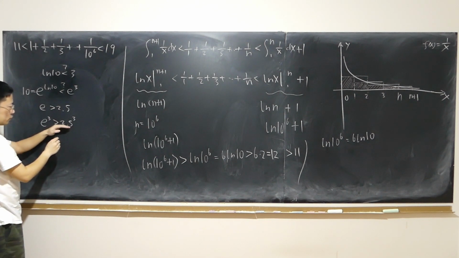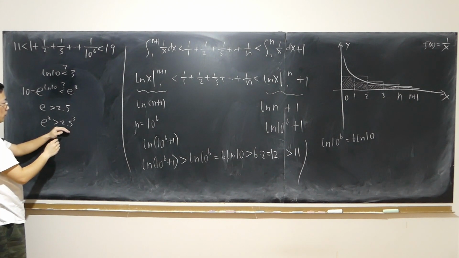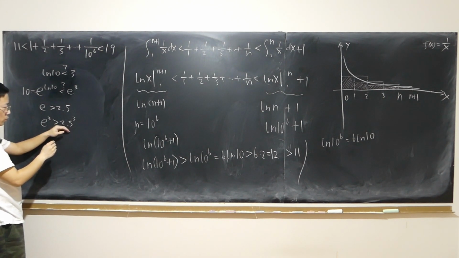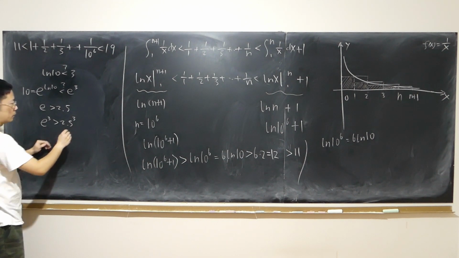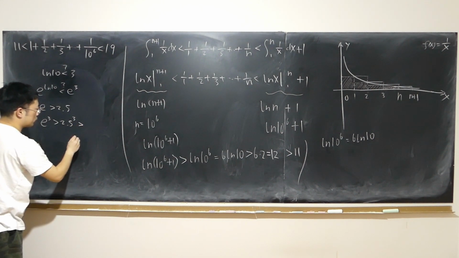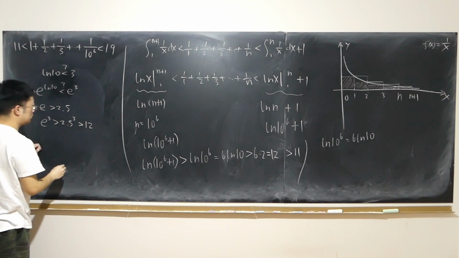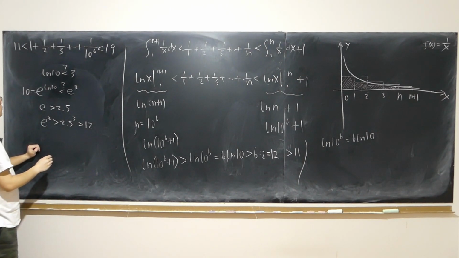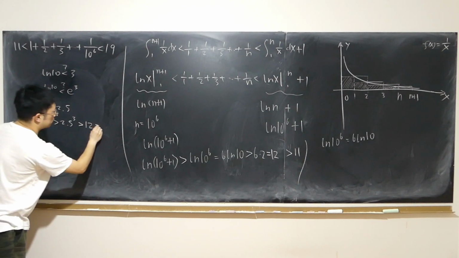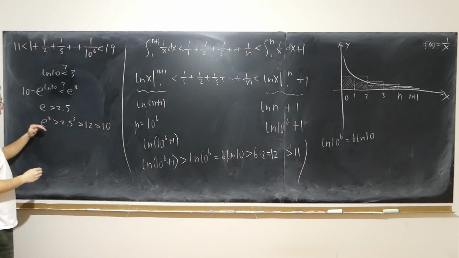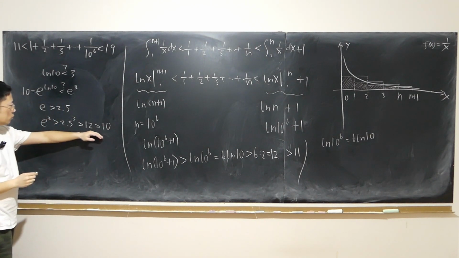But 2.5 squared is 6 point something, right? 6 point something times 2.5 is bigger than 12, right? That is a little bit bigger than 12. And also a little bit bigger than 10. Right? E cube is really a little bit bigger than 10.